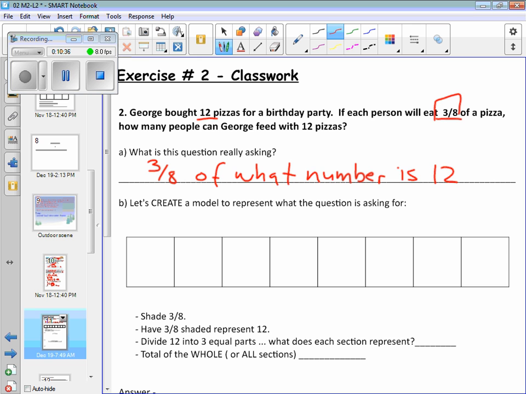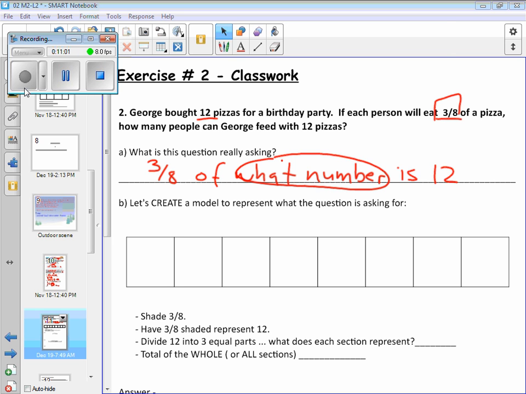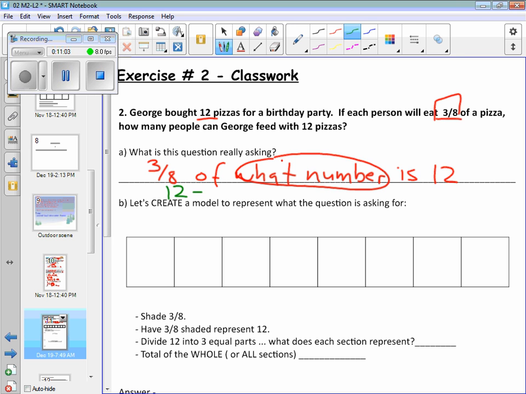This what number is what we're trying to find, or what we're going to model. Or 12 divided by 3/8. In essence, that's what it winds up being.